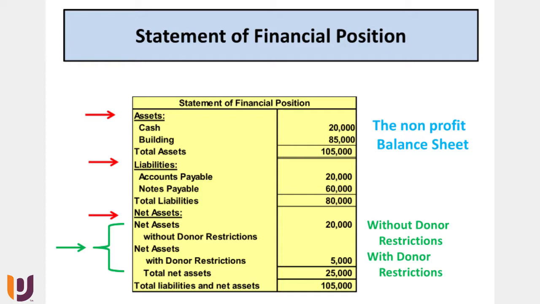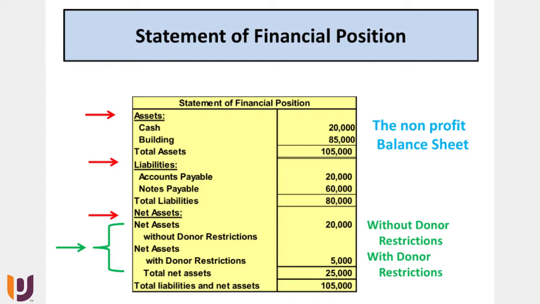Net assets with donor restrictions are restricted by an outside party for a particular use or for use in a future period of time. When the restriction is satisfied, these resources are switched to net assets without donor restrictions.